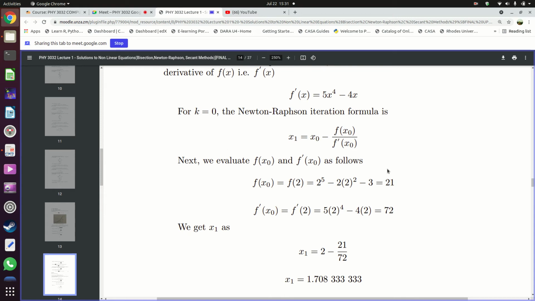So you've found your f of x0. This bit is 21. Similarly, you work out the value of the derivative at x0. So f prime of x0, you put a 2 there, in this expression for the derivative. That's going to be 5 times 2 to the power 4 minus 4 times 2, and you're going to get 72.